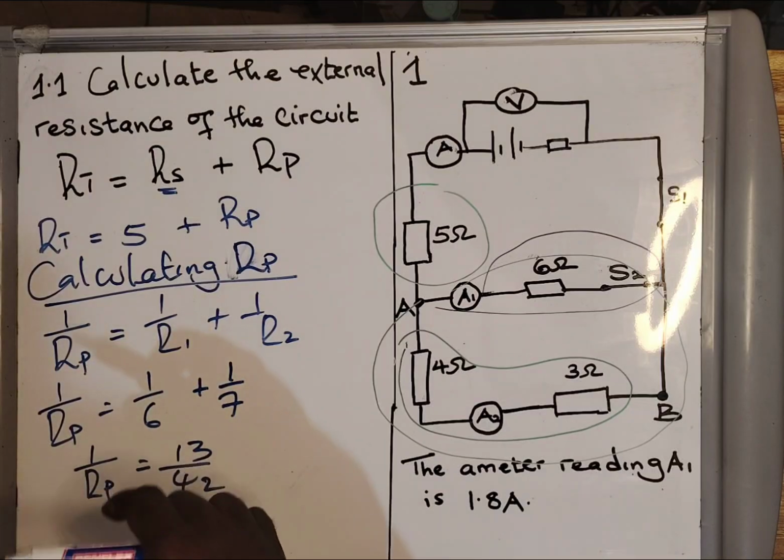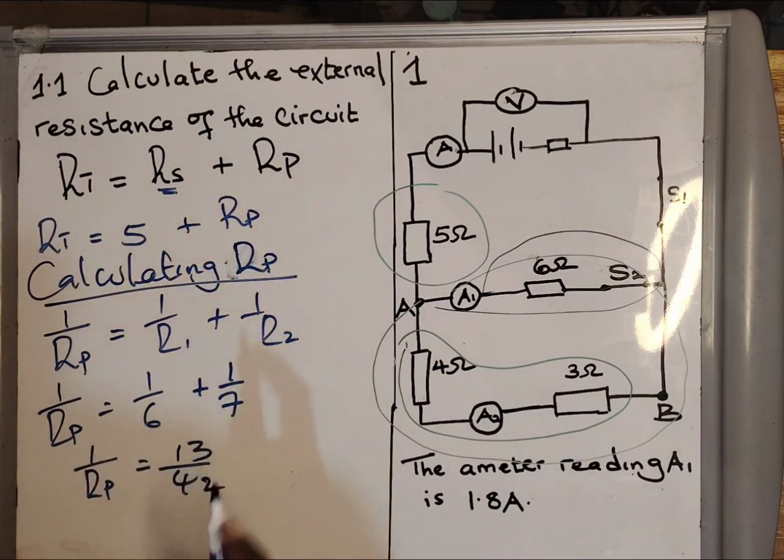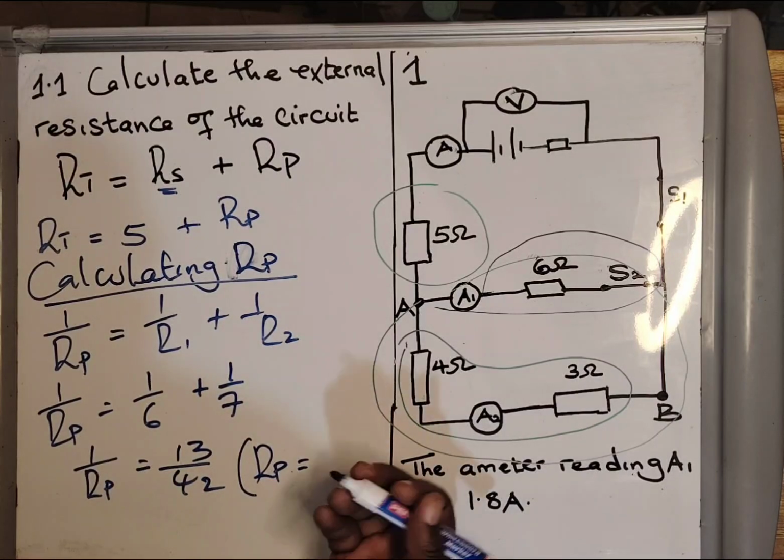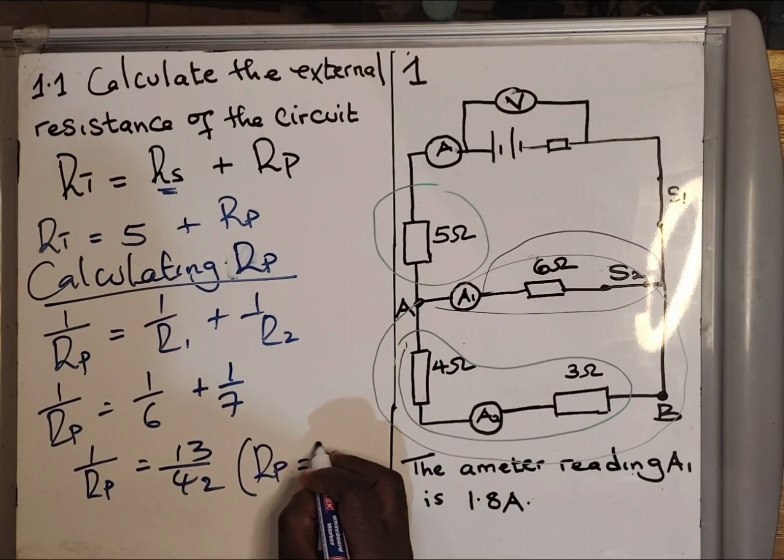You just flip the entire equation such that what is the numerator becomes the denominator, and what is the denominator becomes the numerator. So we are going to get RP, which is RP over 1. Actually, any number in the world is over 1.